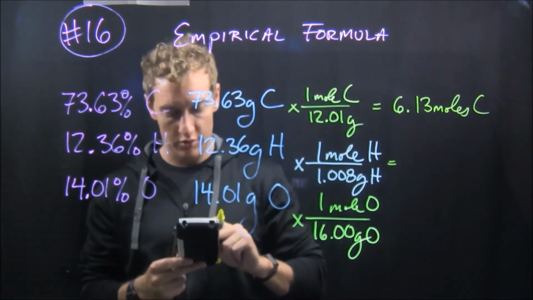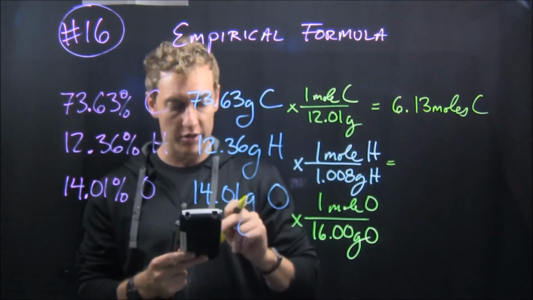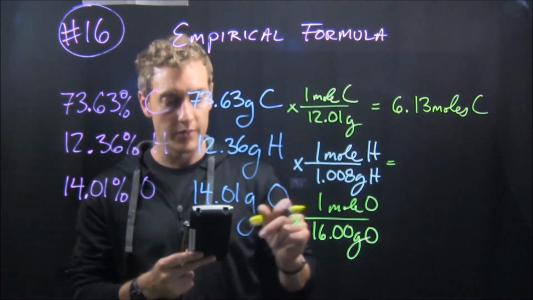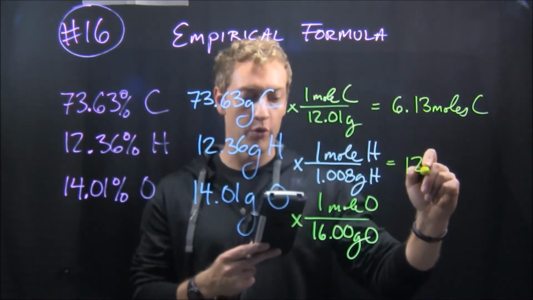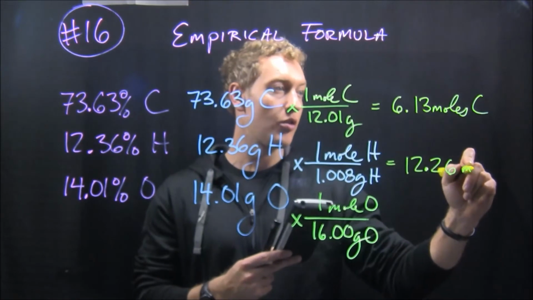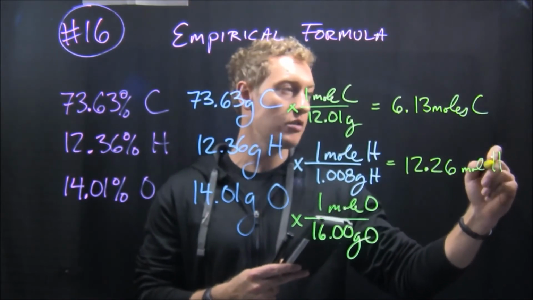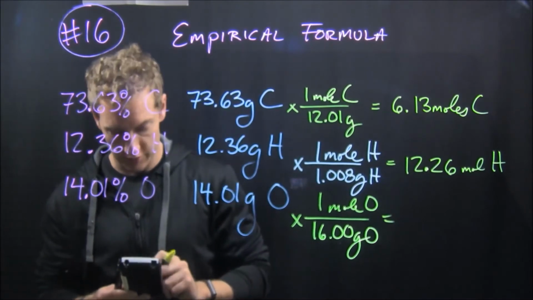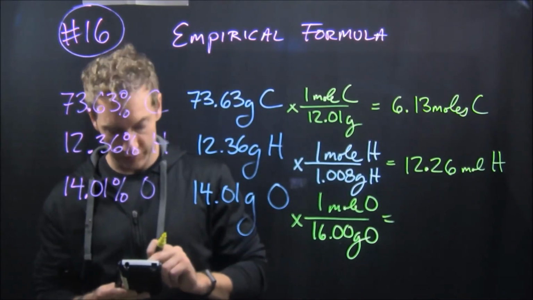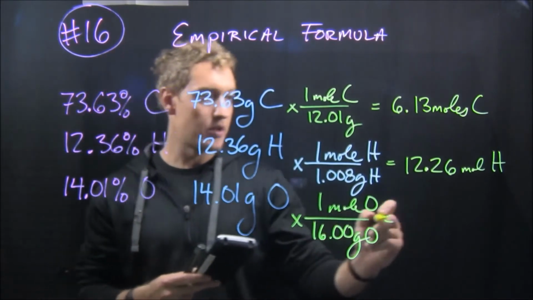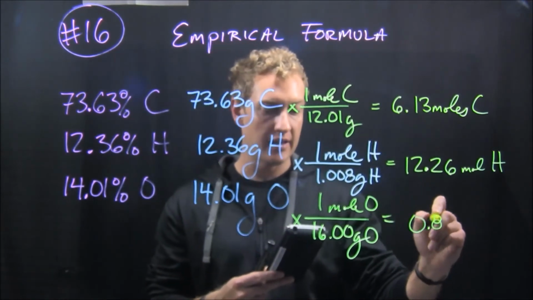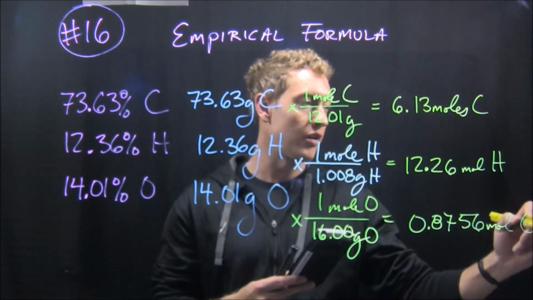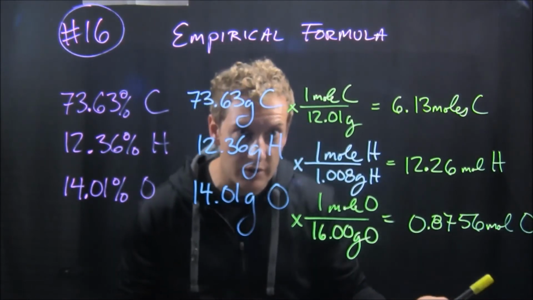And hydrogen is just going to be a smidge less than 12, right? 12.26 moles of hydrogen, and then you get less than a mole, 0.8756 moles of oxygen.